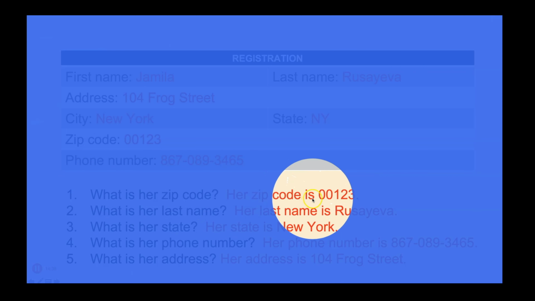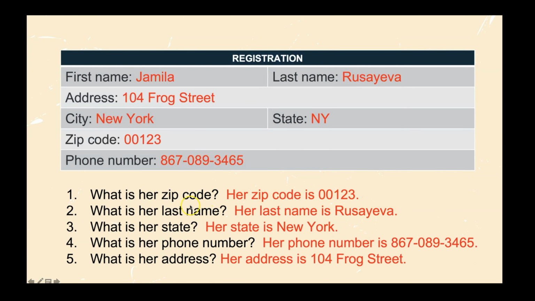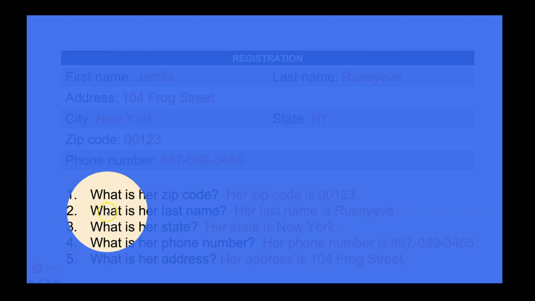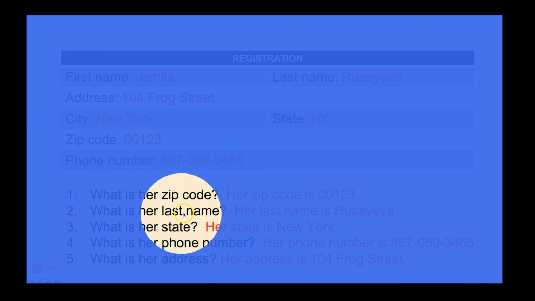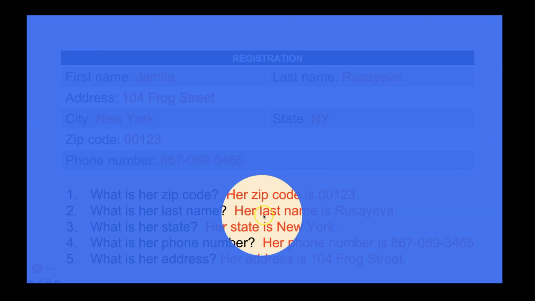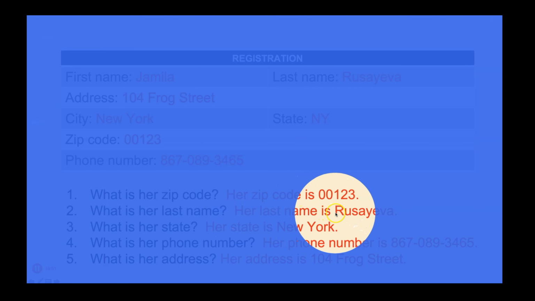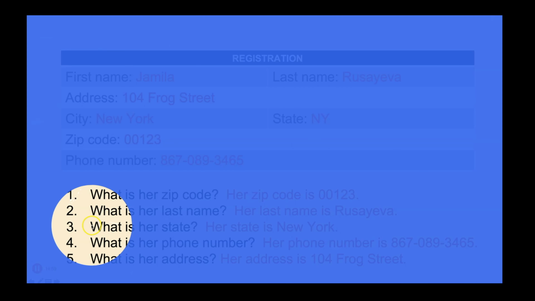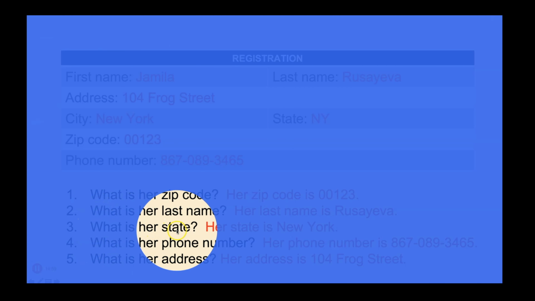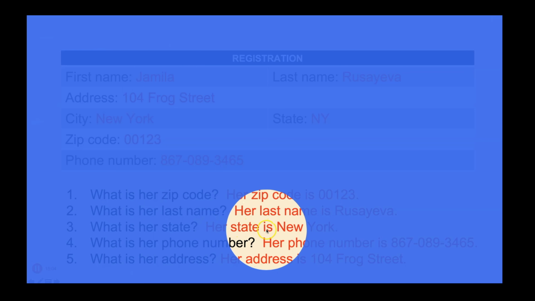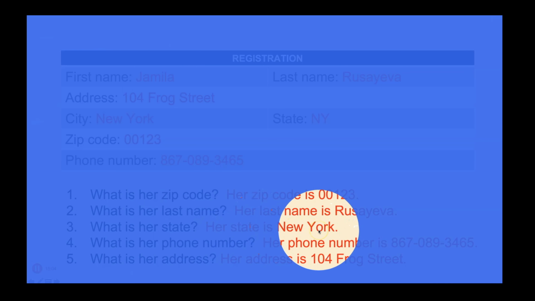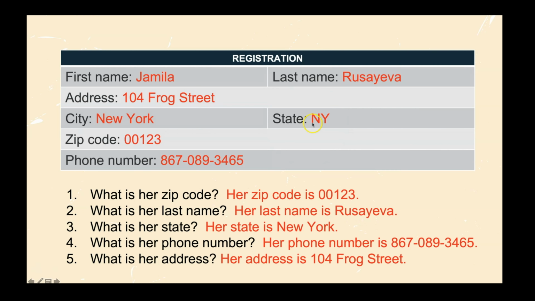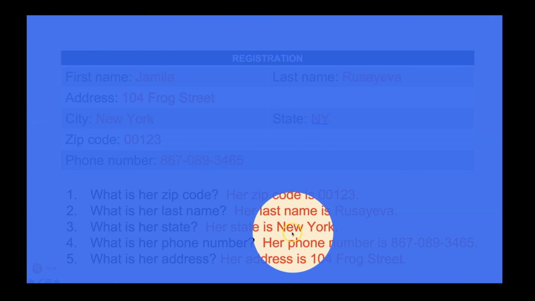Her zip code is 00123. Number 2, what is her last name? Her last name is Rusayeva. Number 3, what is her state? Her state is New York. We know that NY is the abbreviation for New York.